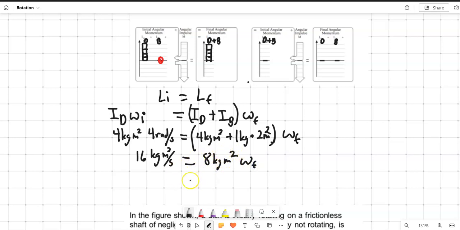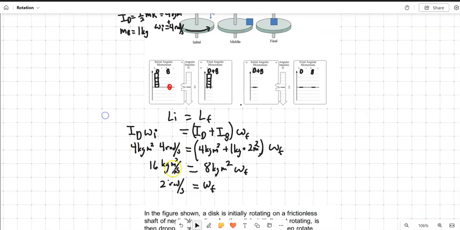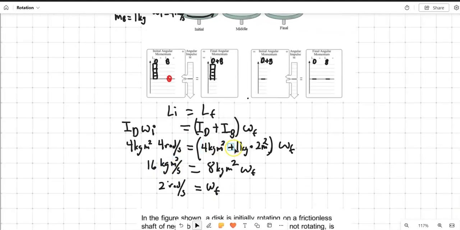Okay? So when you bring this onto the other side, you get 2 radians per second as omega final. So it's going to slow down. In this case, since the moment of inertia from the values I picked is essentially doubling, that means the angular velocity is going to go down by 2, right?